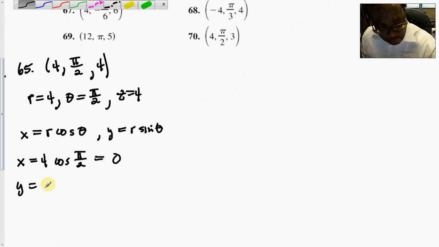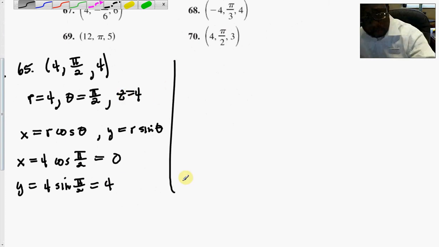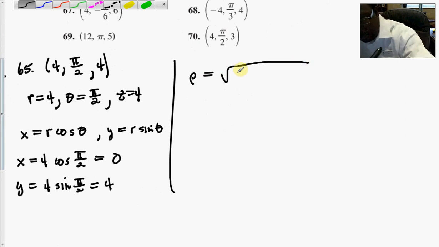y is equal to 4 times sine of pi over 2. And so y is equal to 4. So from x, y, and z, we can find rho. So rho would be the square root of x squared plus y squared plus z squared.